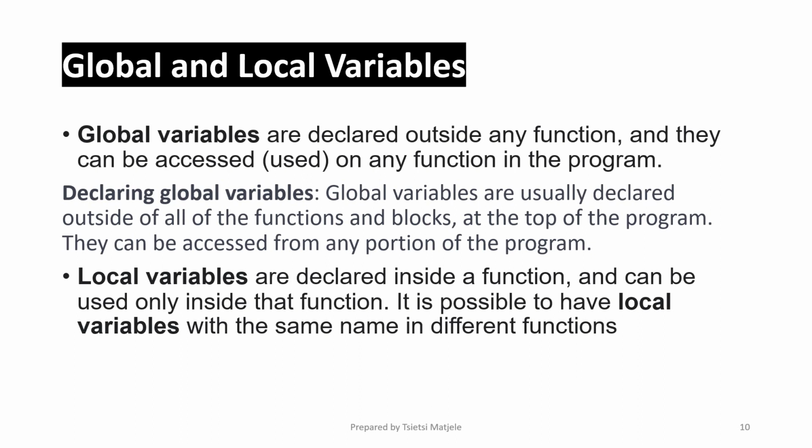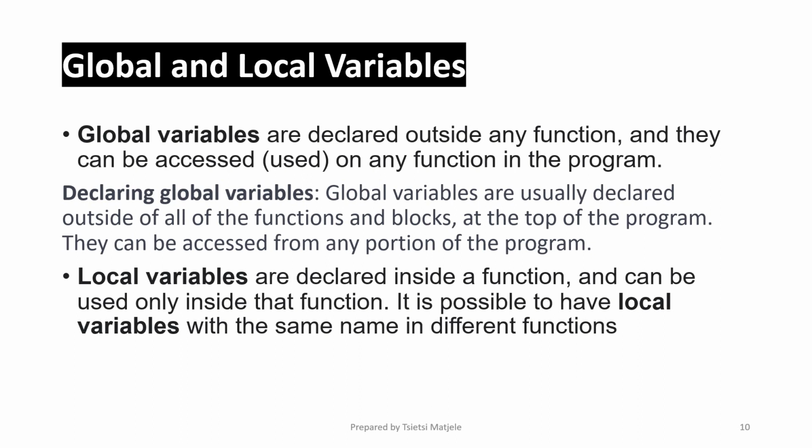These are declared inside the function and can be used only inside that function. And it is possible to have local variables with the same name in different functions. So if we have a function, maybe sum, and another function, maybe even numbers, then the one for sum calculates the sum of numbers, and this one checks the even numbers. So you can have a variable a and another variable a with the same name, but those variables can be found in different functions.